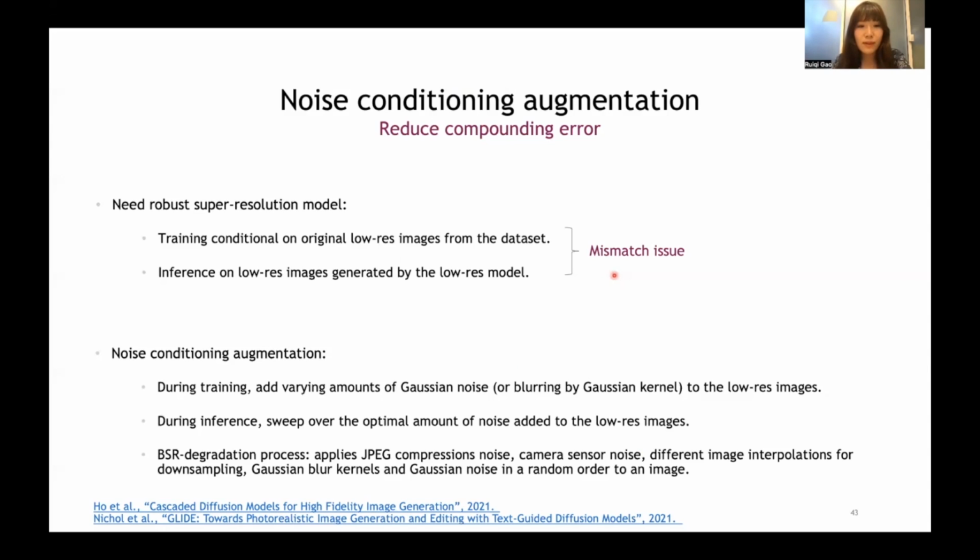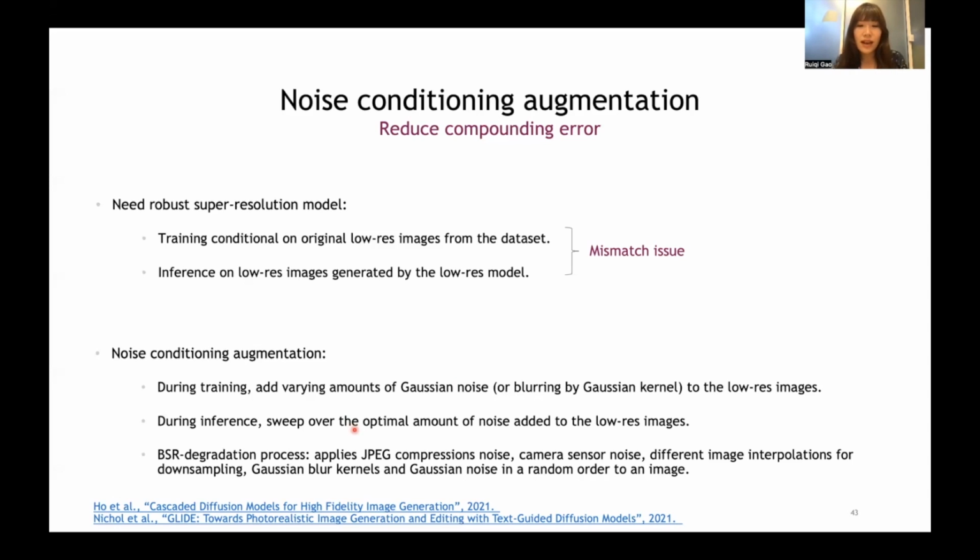To alleviate this problem, noise conditioning augmentation is proposed in reference works. Basically, during training, we degrade the conditioning low resolution images by adding varying amounts of Gaussian noise, or just blur those images with a Gaussian kernel. And during inference, we sweep over the optimal amount of noise added to the low resolution images, which are the conditions to the super resolution models.